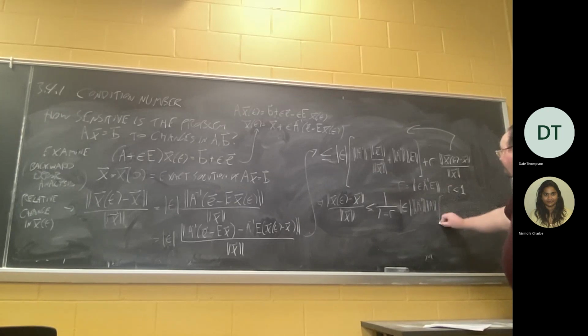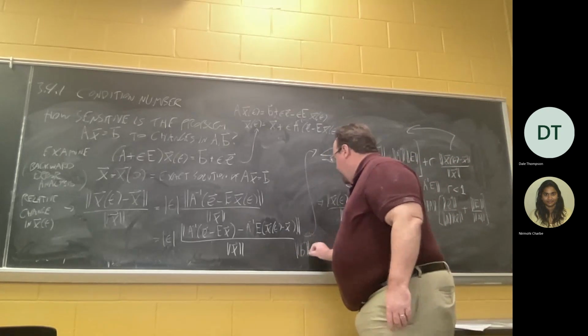And then in what's left, I have norm of little e over norm of A, norm of X, plus norm of capital E over norm of A.